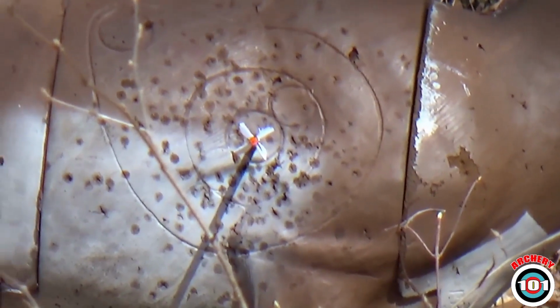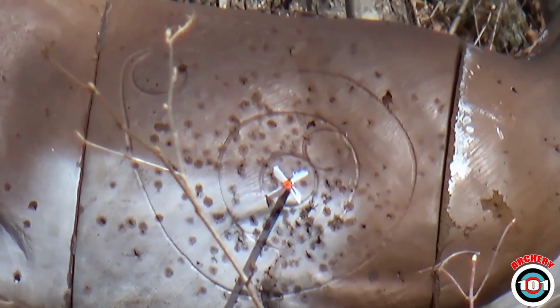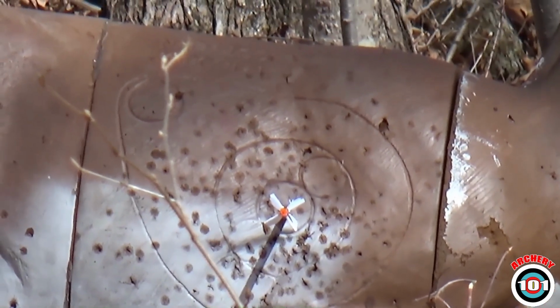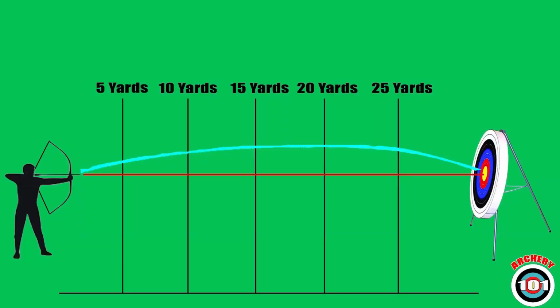To show you what I mean, let's go back to that archer. Here is our archer. This time, we're going to add some distance markers. And again, let's put down the direct line from the arrow to the target, which can also be referred to as line of sight.